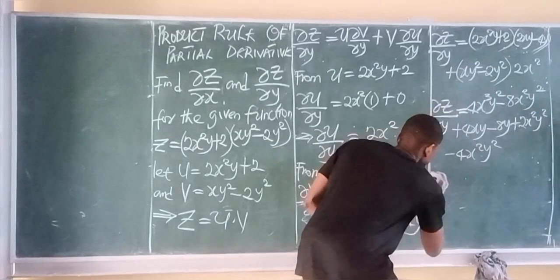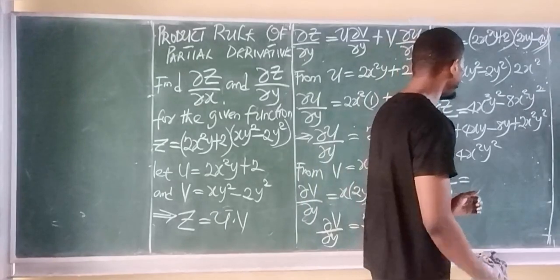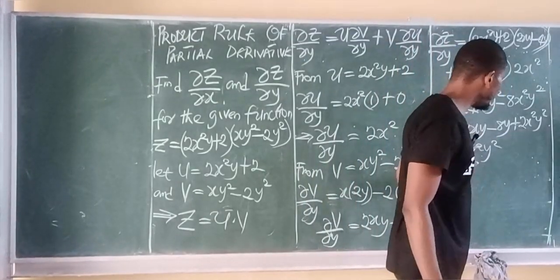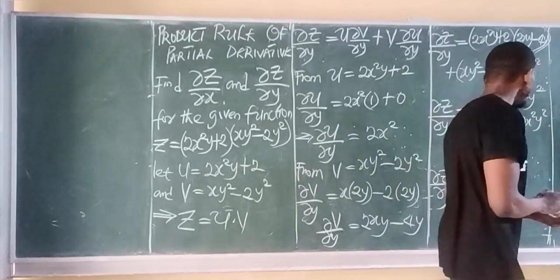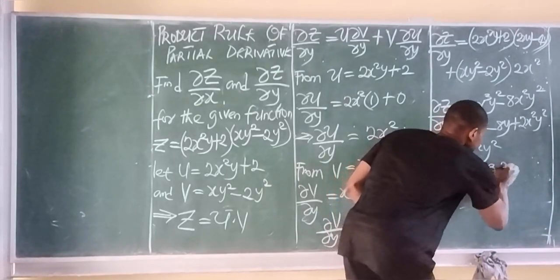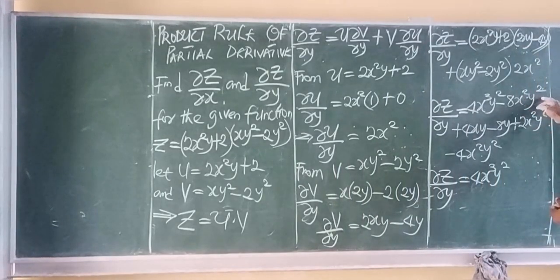So partial z, partial y is now equal to, so I have 4x cubed y squared. There's no x cubed y squared here, so we'll keep it aside, 4x cubed y squared. Next, I have minus 8x squared y squared, plus 2x squared y squared, and also minus 4x squared y squared. Of course, I can evaluate all the terms in x squared y squared.